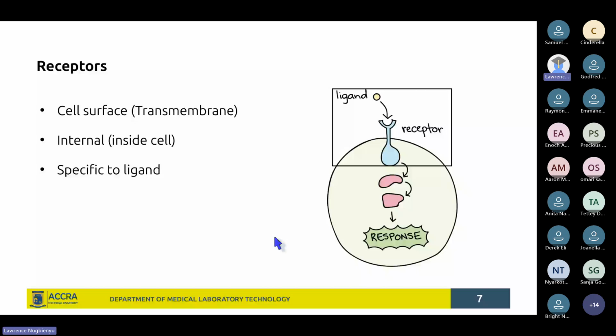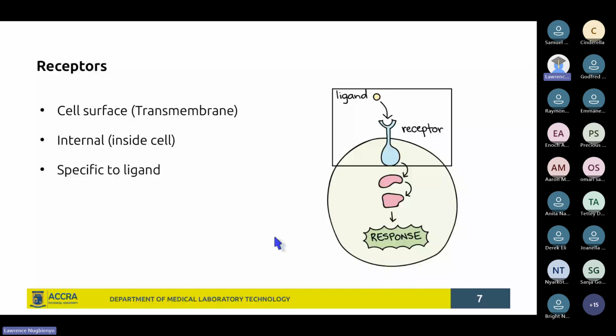And I also mentioned that a receptor can be a protein, or it can be a glycoprotein or a glycolipid that is embedded in the cell membrane. Of course, you can have receptors that are inside the cytoplasm. Those are like proteins inside the cytoplasm. They are not embedded in a cell membrane.